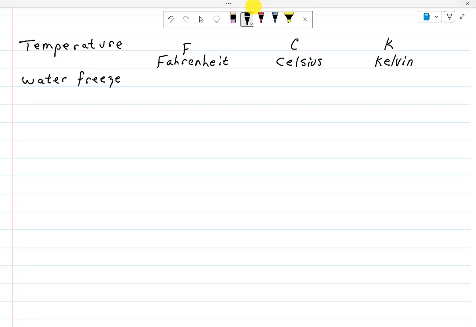Now for Fahrenheit, water freezes at 32 degrees. Celsius, however, it does it at 0 degrees Celsius. Kelvin does it at 273.15. Notice they don't use a little degree symbol. Now let's look at water boil.